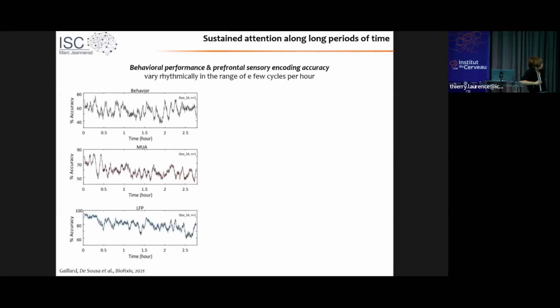If we compare, at the same time and on the same scale, the change in overall prefrontal cortex information relative to target sensory input, you see very much the same type of oscillations, with epochs of very high reliable representation of the target by the prefrontal cortex and epochs of much lower reliable representation of the target.